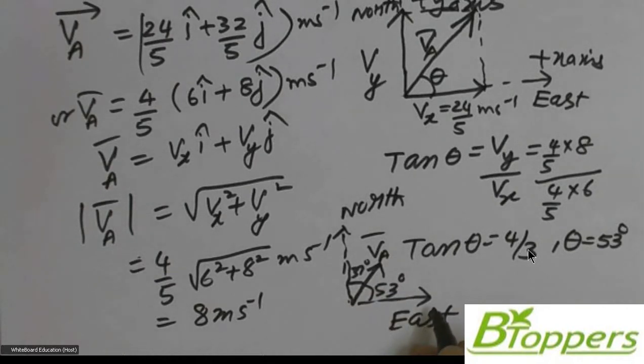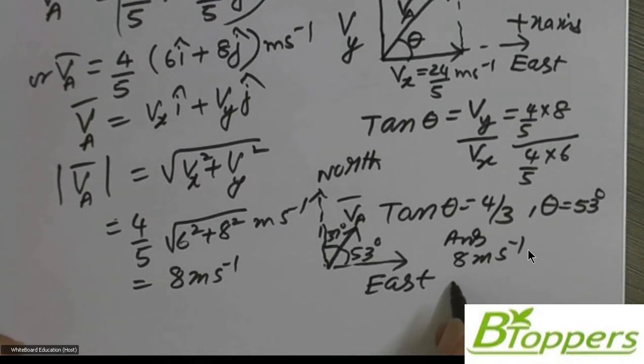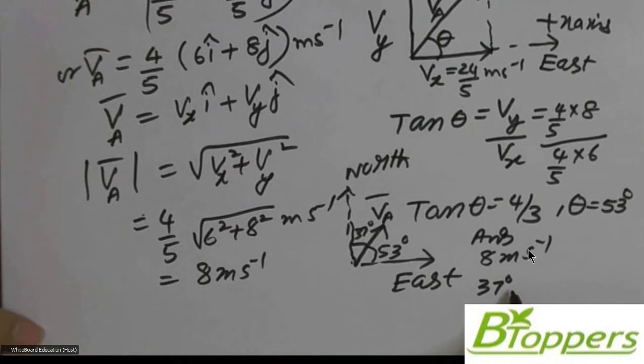So you can write the answer as 8 meter per second in the direction 37 degrees east of north.